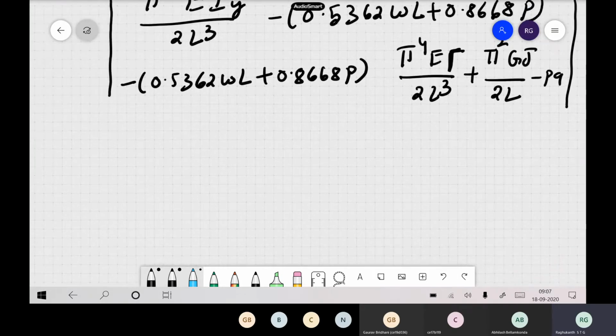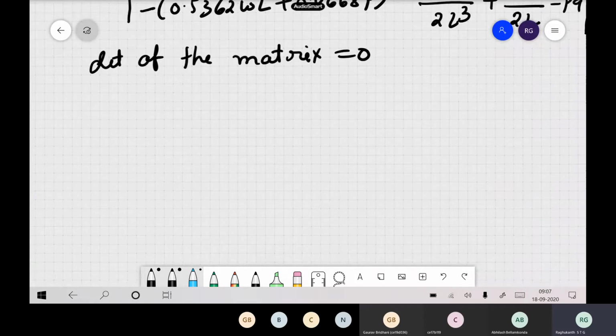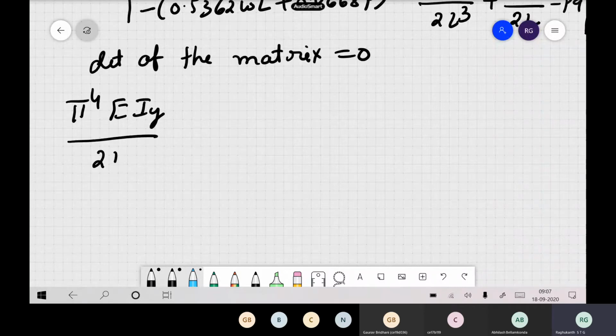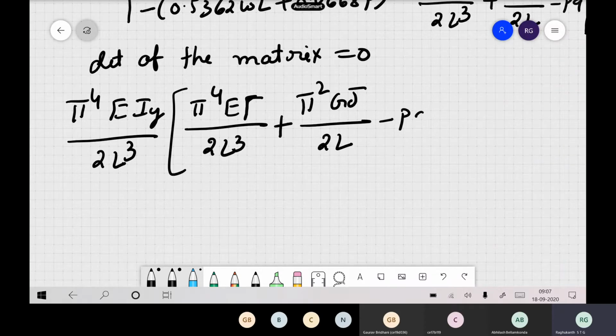So now to find our buckling loads, the determinant of this matrix has to vanish. So the determinant has to be 0. If you find the determinant of this matrix, you will get our characteristic equation, which is slightly complicated because you have two loads here. By 2L cubed, you have pi to the power of 4 E times the warping constant by 2L cubed plus pi squared GJ by 2 times EL minus P times a.